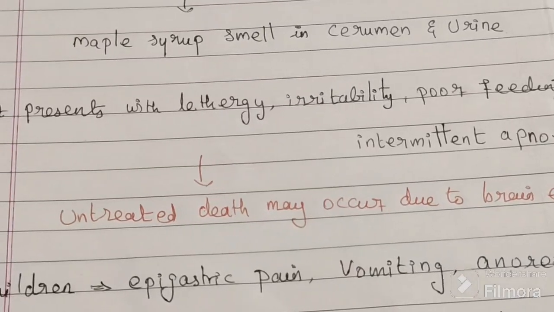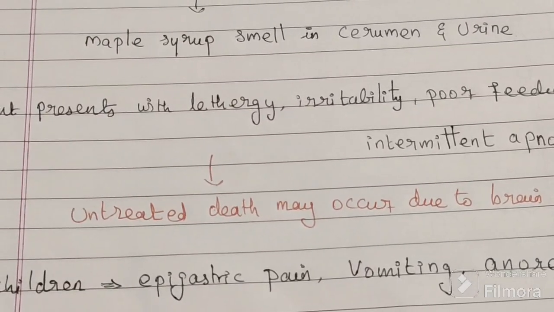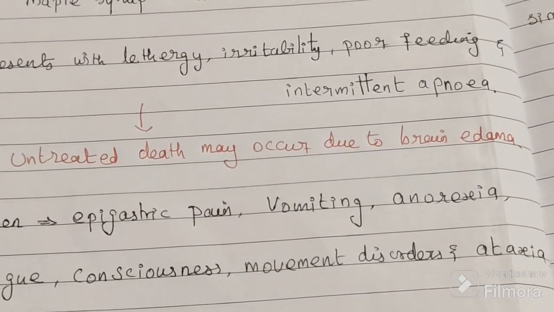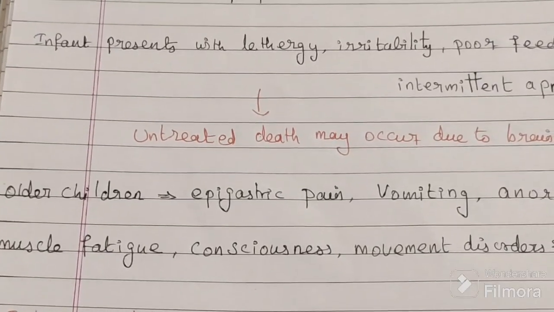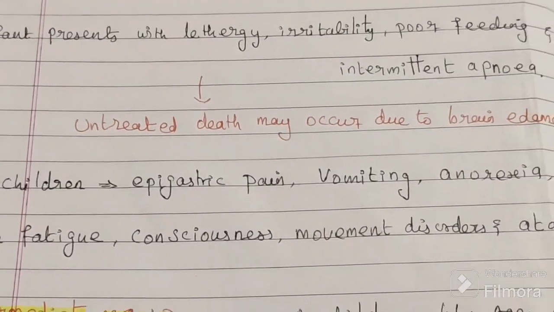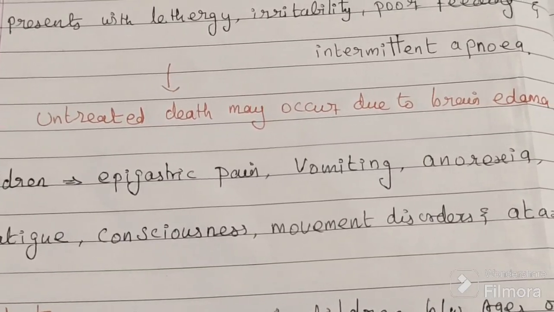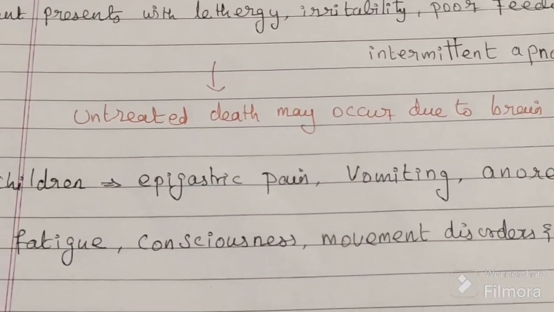Older children present with epigastric pain, vomiting, anorexia, muscle fatigue, altered level of consciousness, movement disorder and ataxia.